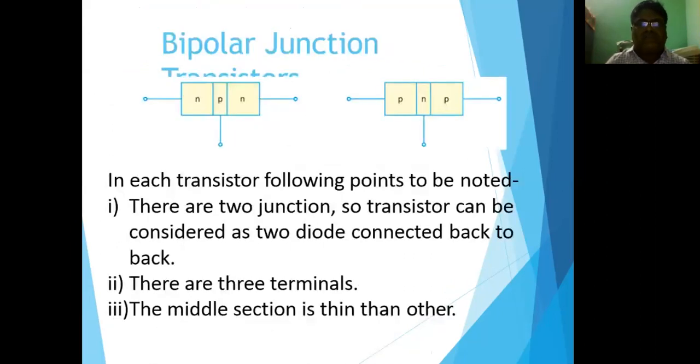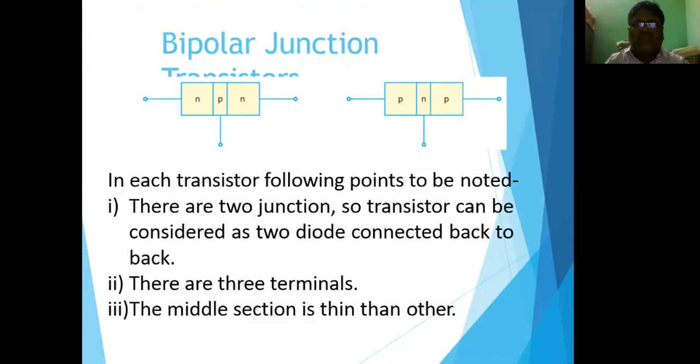Next, these are the symbols of the NPN and PNP transistors. Two N layers and one P layer is the NPN transistor. In the next diagram, two P layers and one N layer is the PNP transistor.